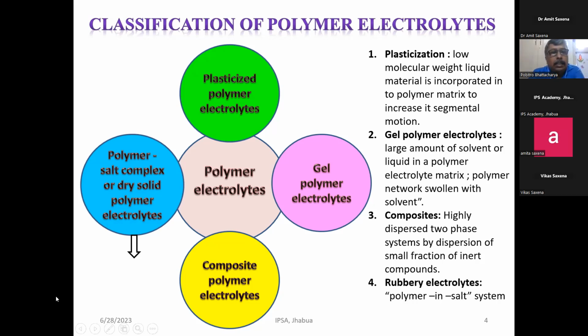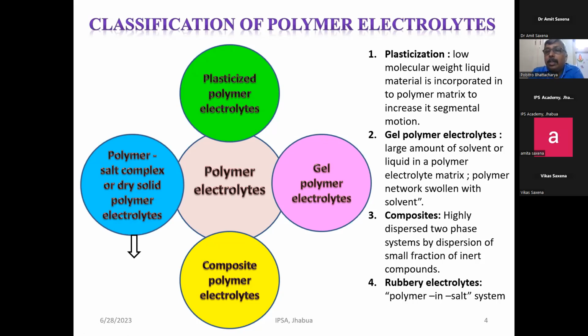The next category that stands is polymer salt complex. Sometimes we add the word solvent-free polymer salt complex, or call them dry solid polymer electrolytes. This is something where we generally work, because we believe that it becomes very easy to prepare and get rid of all the trouble of plasticization, gel incorporation, and making composites. All these troubles we can get rid of and prepare a polymer salt complex.